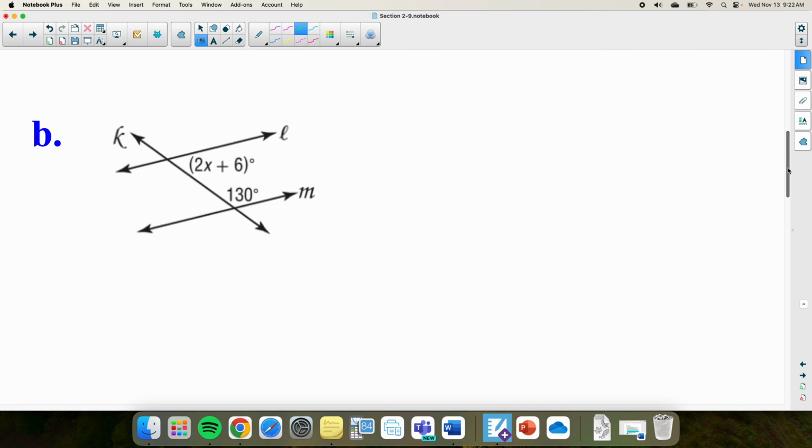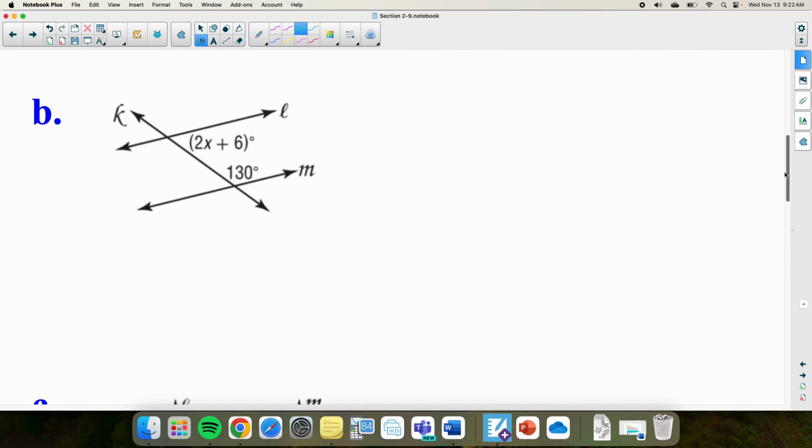Then if I look down at B, what kind are those two? Consecutive interior, which means we do what? Are they equal or do they equal 180? 180. So I'm going to go 2x plus 6 plus 130 equals 180.